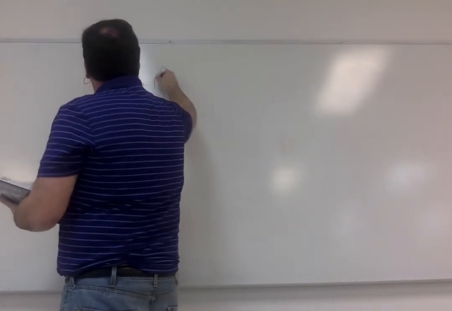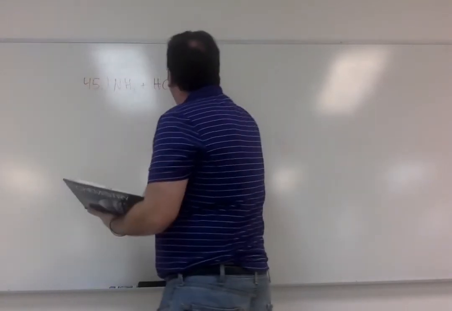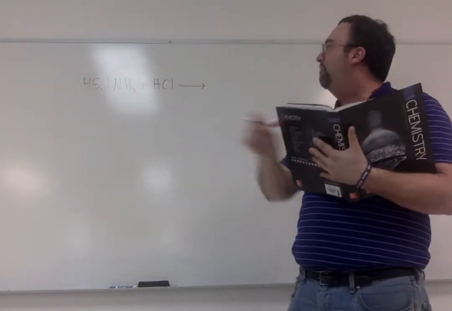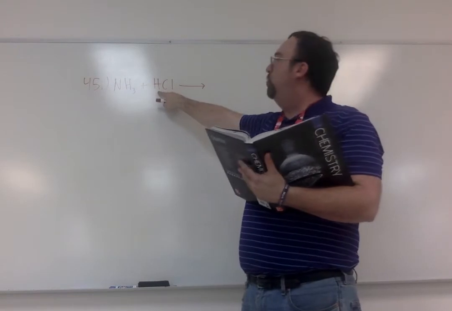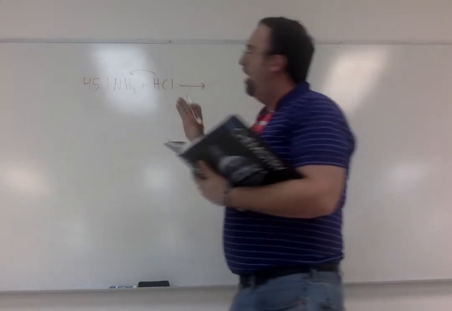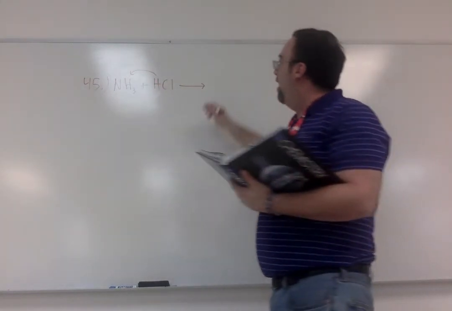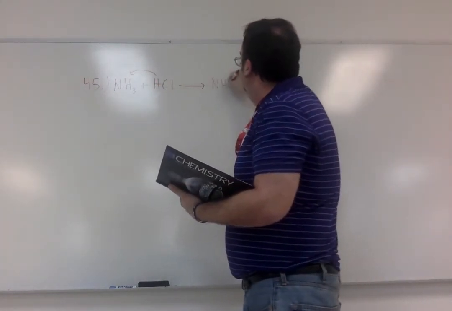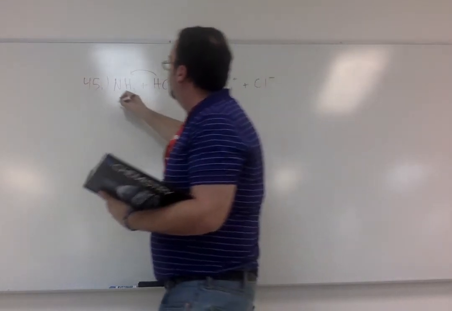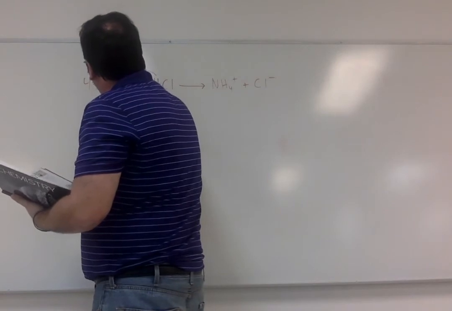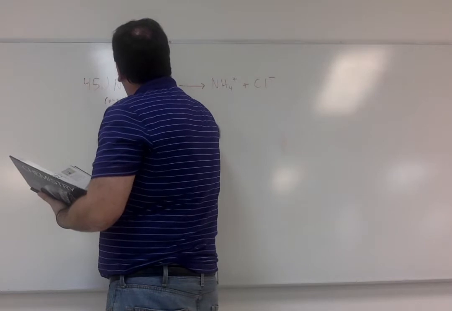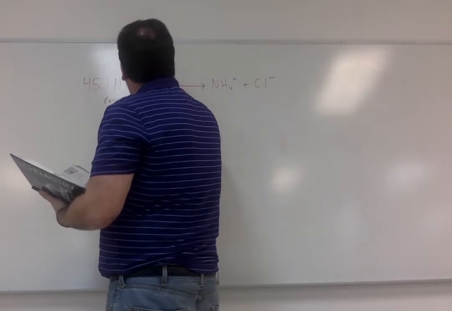NH3 plus HCl. Notice in this problem, this is our acid, and so it's going to donate the hydrogen over here. And so what we're going to end up forming is NH4+ Cl−. This is our ammonia, this is our hydrochloric acid.